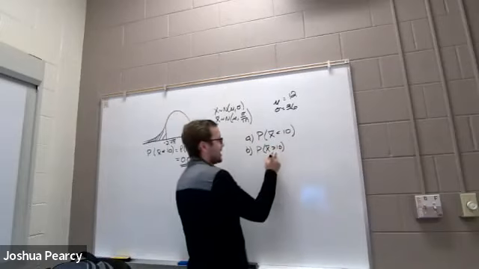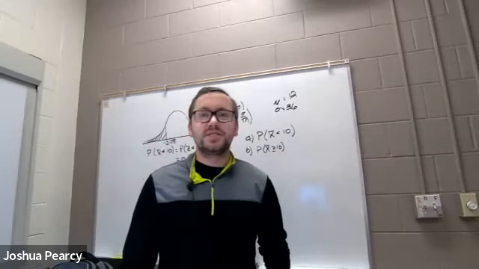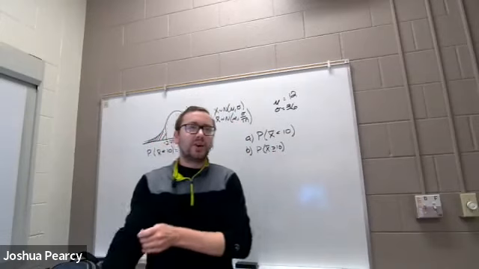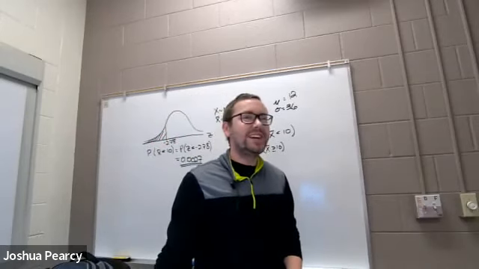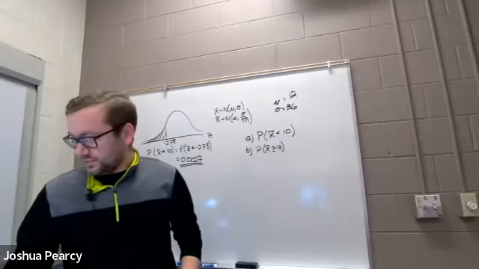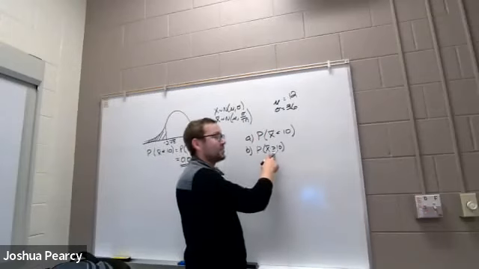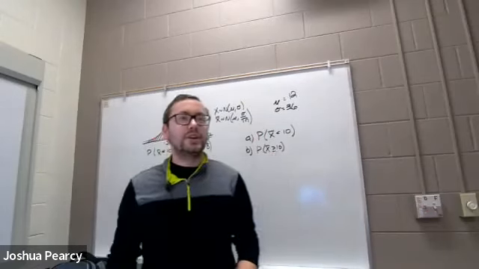And remember, does it matter if I put that there or not? The answer is no. Remember that for a continuous random variable, the probability of any single outcome is 0. That means it doesn't matter if I put less than, greater than or equal to, or just greater than there. It won't change the probability.